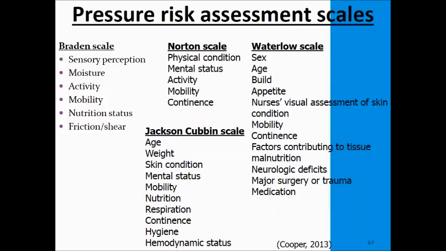They look at sex, age, build, appetite, the nurse's visual assessment of the skin, mobility, continence, factors contributing to tissue destruction, malnutrition, neurological deficits, major surgery or trauma, medication. And the Jackson-Cuban scale has other factors: weight, respiration, hygiene, or hemodynamic status, with some differences. So the most common is the Braden scale.